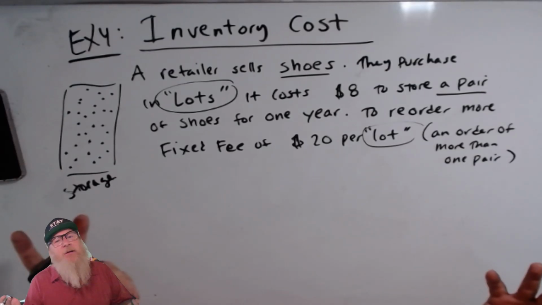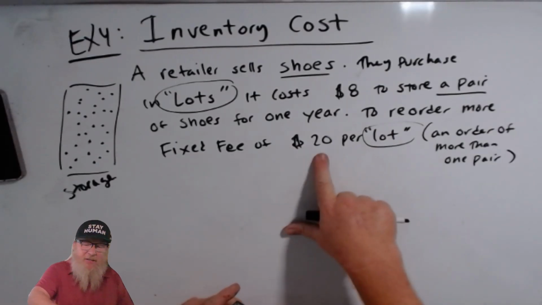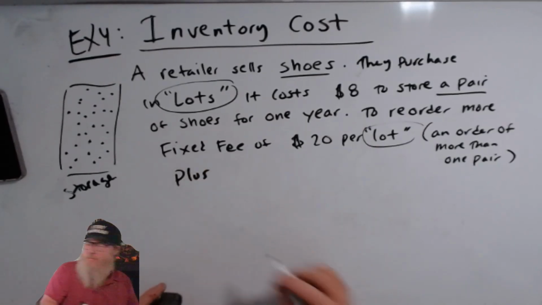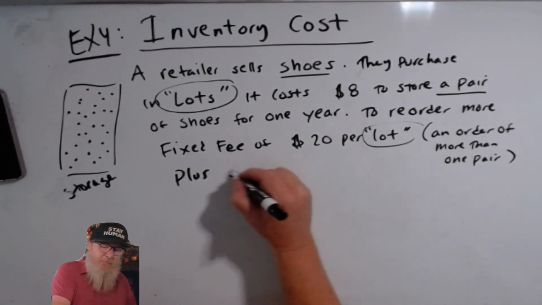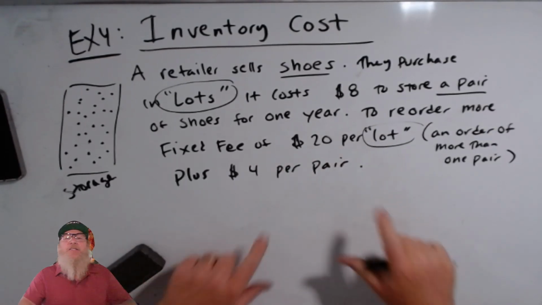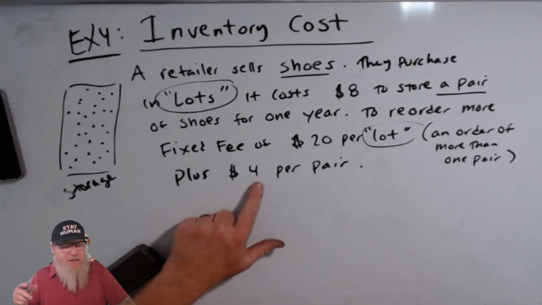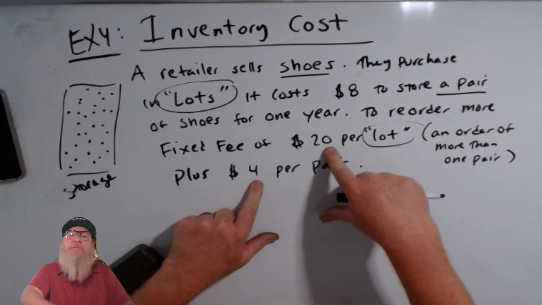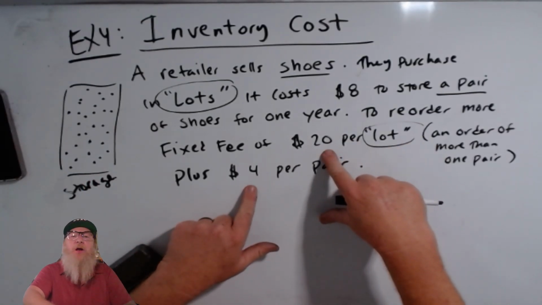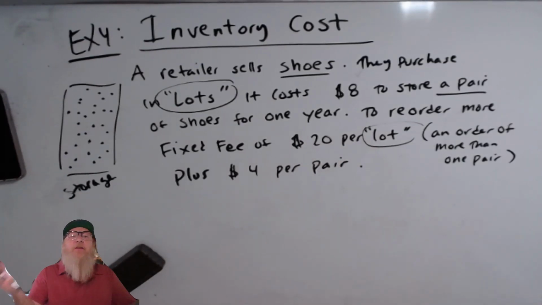You're not just going to order one pair of shoes if you're selling shoes, right? Plus you're paying $20 just to order it, plus $4 per pair. You see how you're sort of incentivized to order more shoes, because once you pay the per lot fee, obviously if you're only ordering one pair, it would be $24. If you're ordering 2 pairs, it would be $28, and so on and so forth.